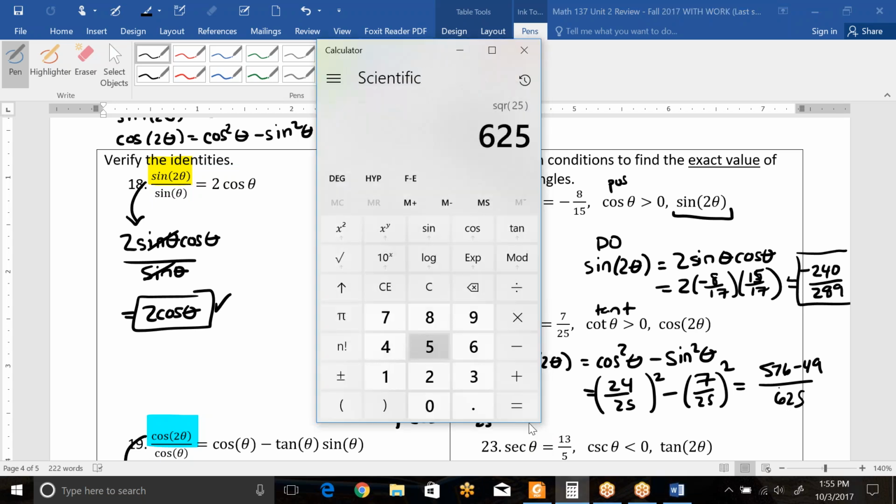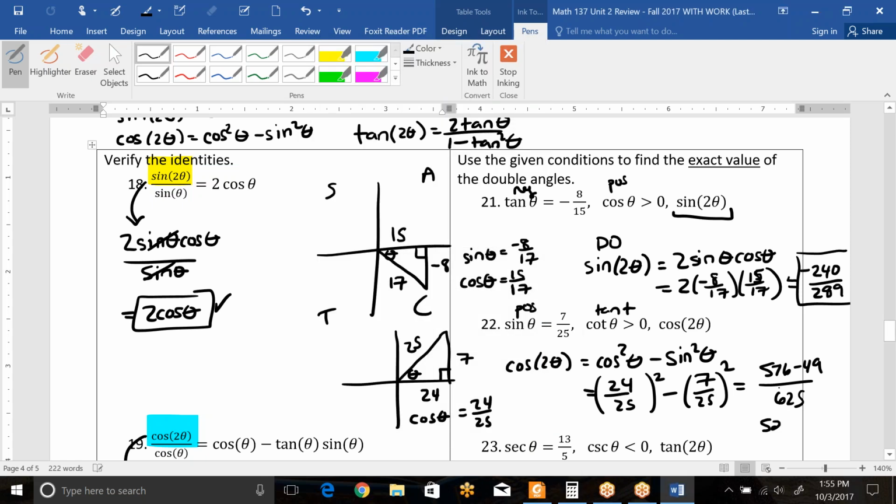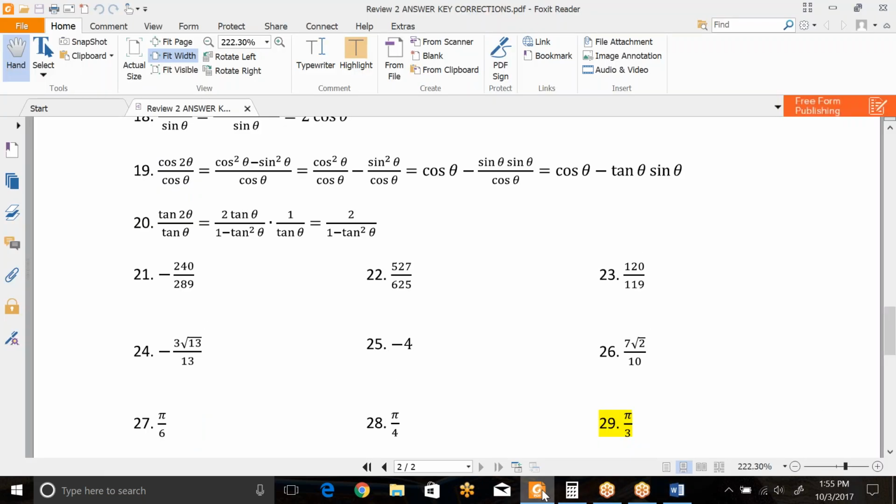And if we do 576 minus 49, that is 527 over 625. And I don't believe that one reduces either, but I'm going to double check. Yeah, it's good.